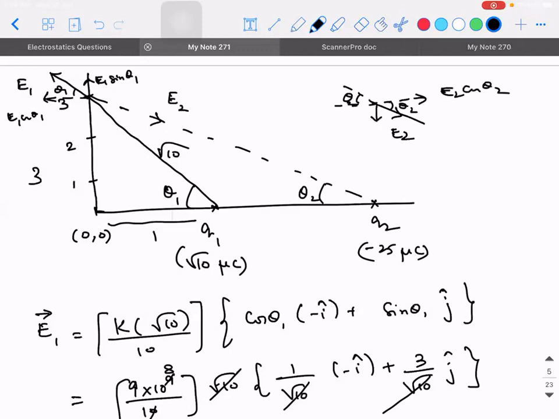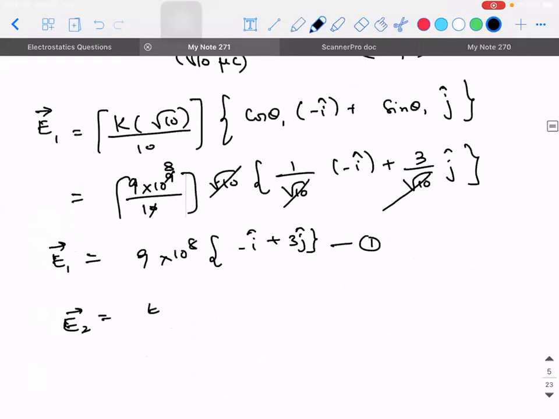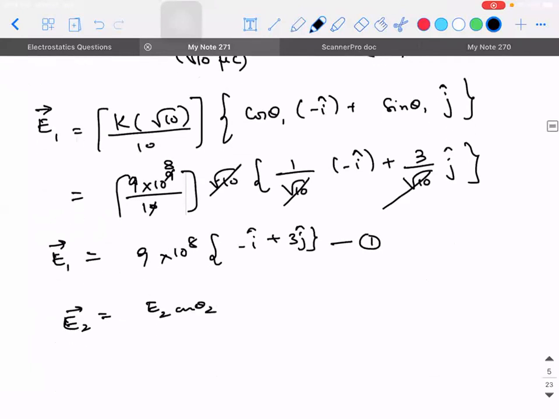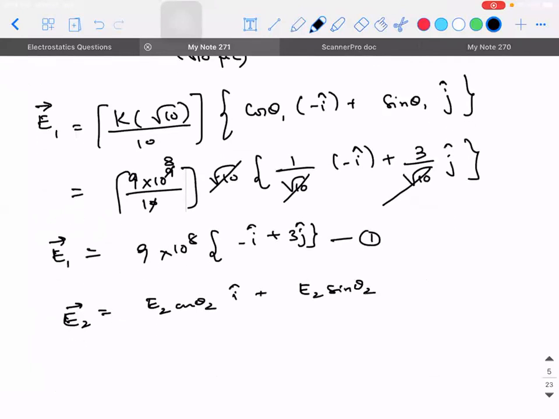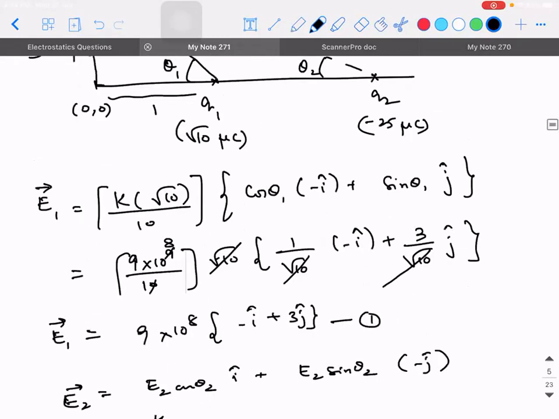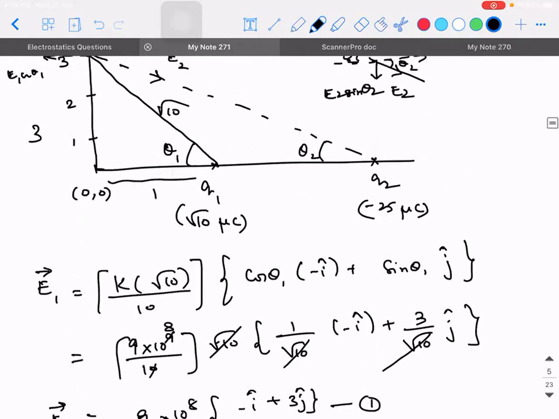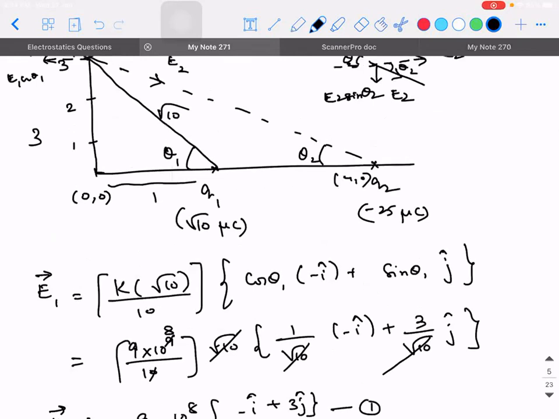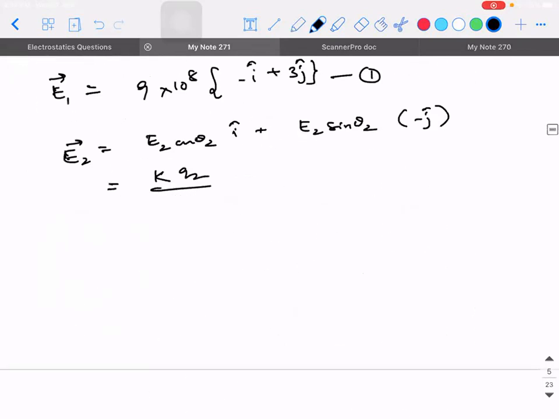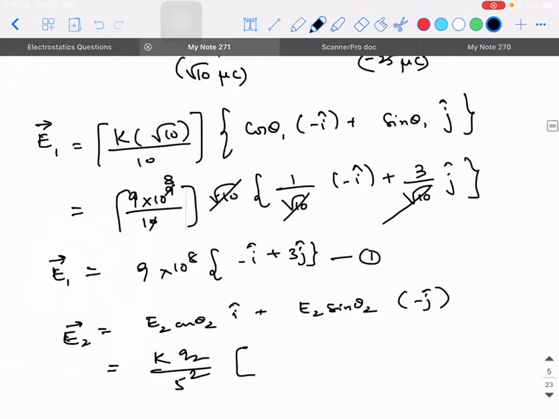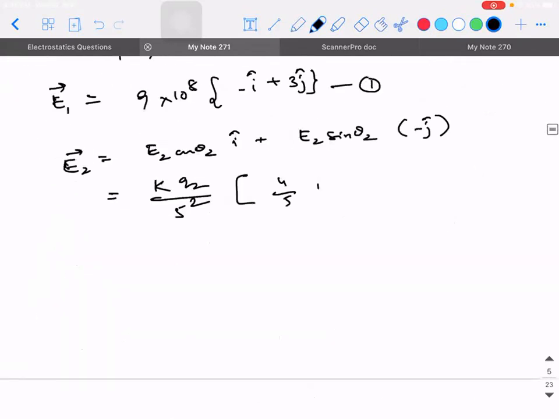So E2 cos theta 2, cos theta 2 is 4 by 5 i cap.